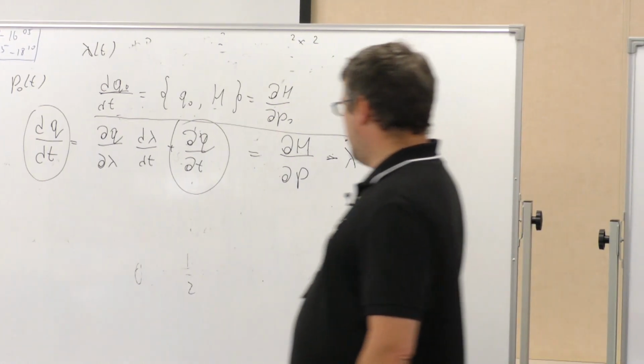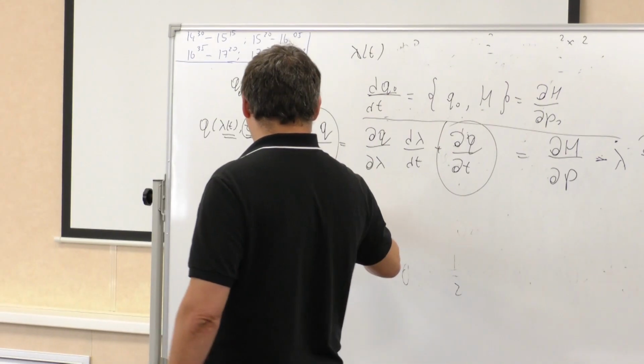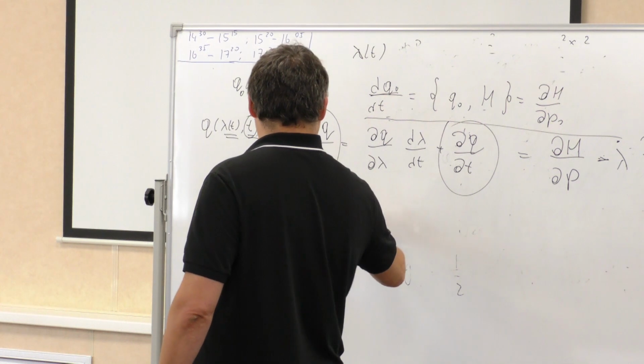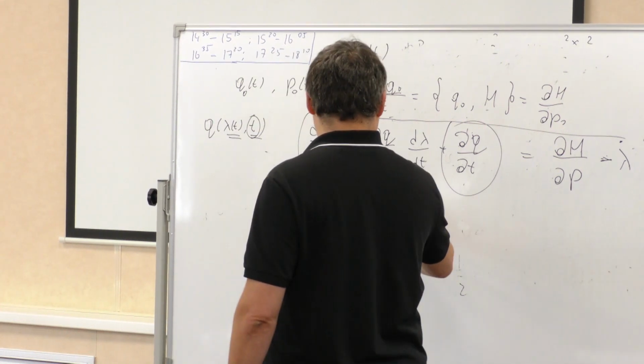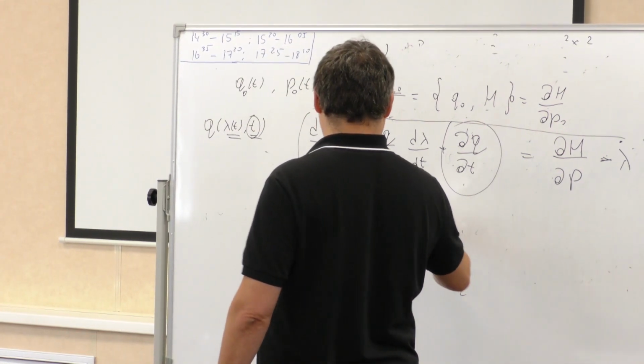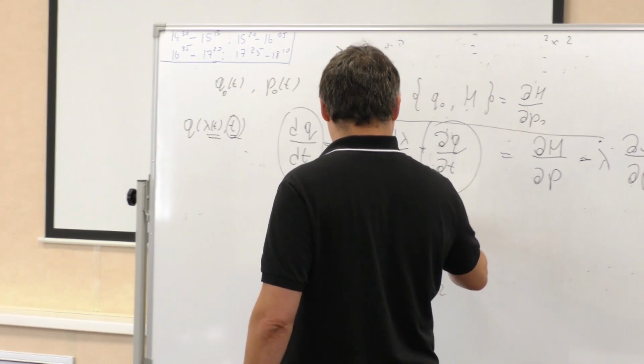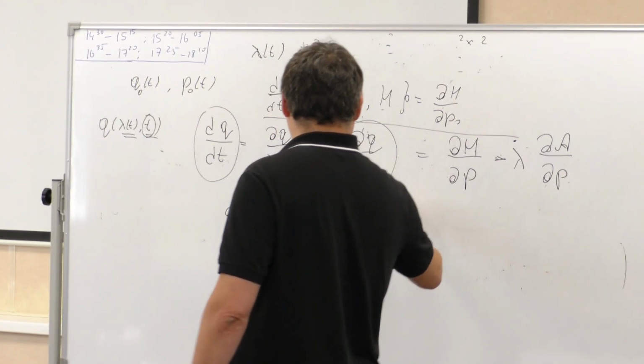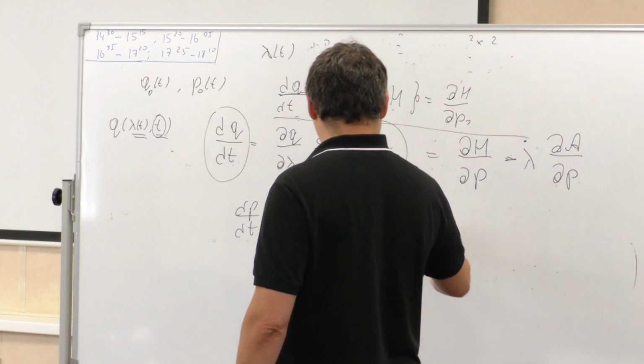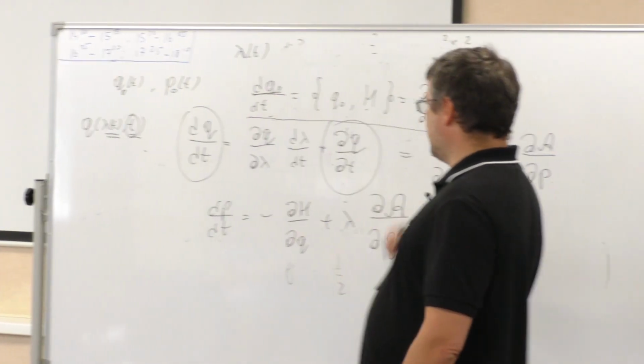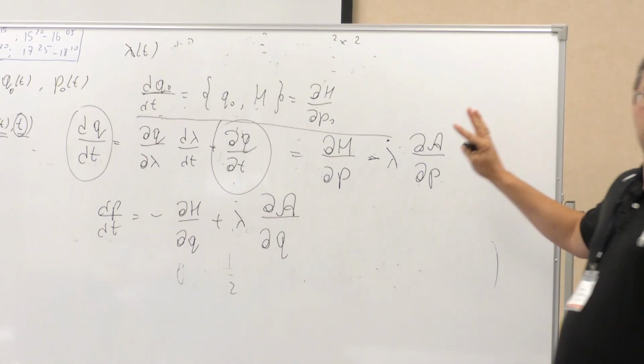And if I now do dP dt in exactly the same way, I will get minus dH dq plus lambda dot dA dq. Again, I will get the opposite sign because of my convention.